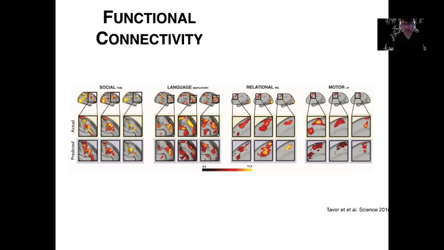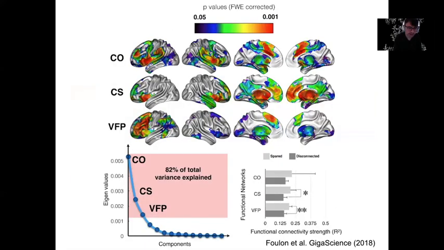You look at similarities across those maps, and you end up with models that involve 3 main maps that will explain 92% of the differences across the maps of functional connectivity.